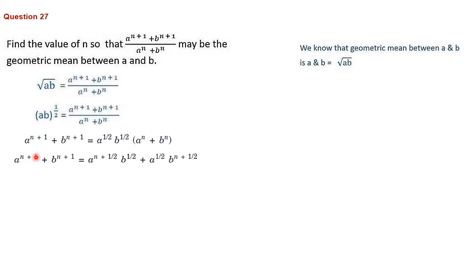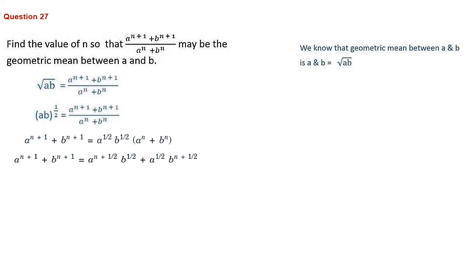Then a power n plus 1 plus b power n plus 1 is equal to, here a power 1 by 2 and here a power n. When we are multiplying, we are removing the bracket, this quantity into this one. Here the base is the same, a power 1 by 2 and a power n; together we write a power n plus 1 by 2, and b power 1 by 2 remains.